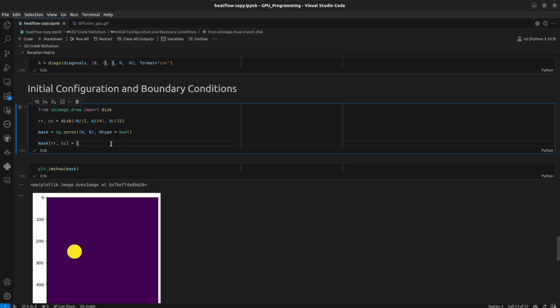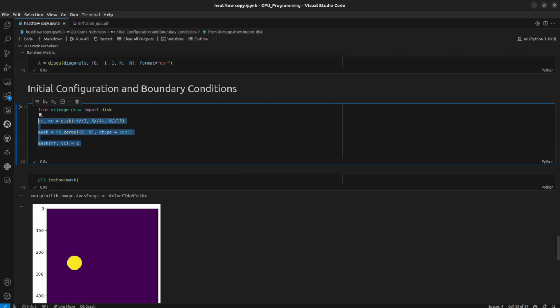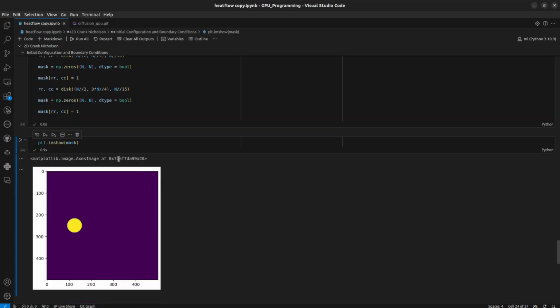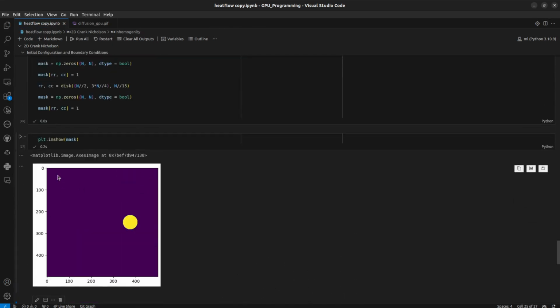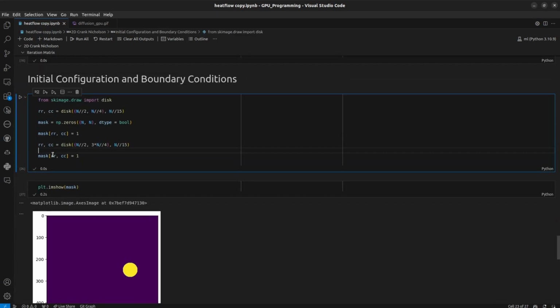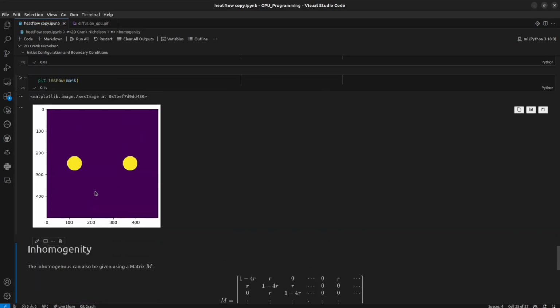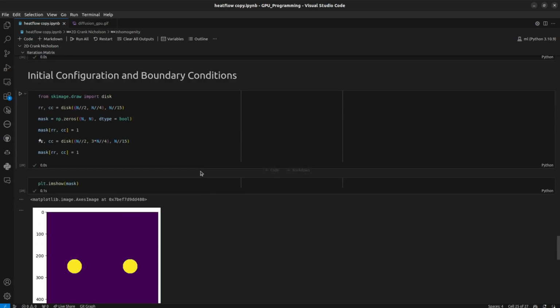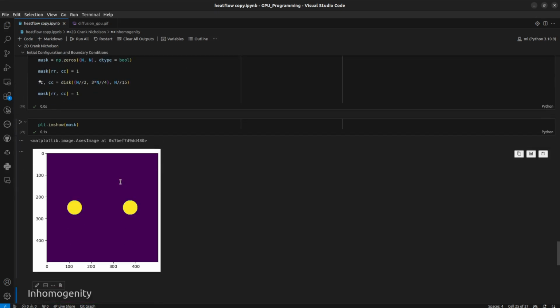But since we want 2, we're going to copy that and place it at 3 times that. And now if we have a look at our mask, we don't need to update it and create it anew. Now we have 2 areas where we have initial temperature and elsewhere it's just going to be 0. And our boundary condition is going to be 0 everywhere, so we don't have to think about boundary terms.